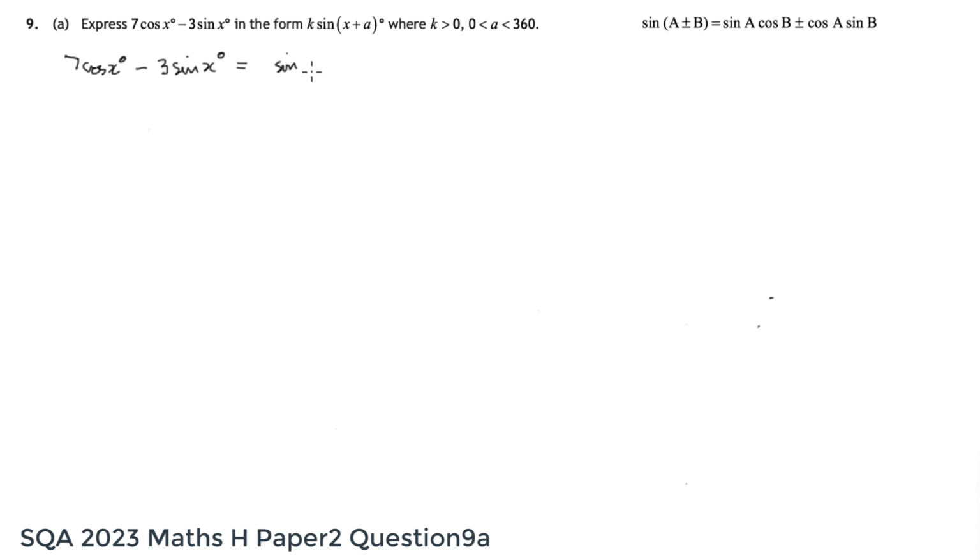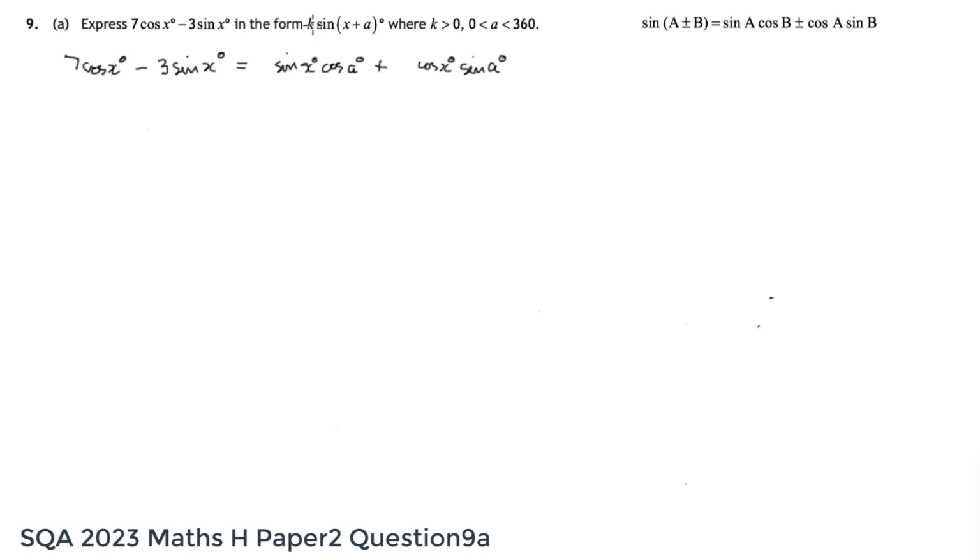Sin x degrees cos a degrees, and then plus cos x degrees times sin a degrees. So that's that pattern that you're given on your formula sheet, the addition formula.